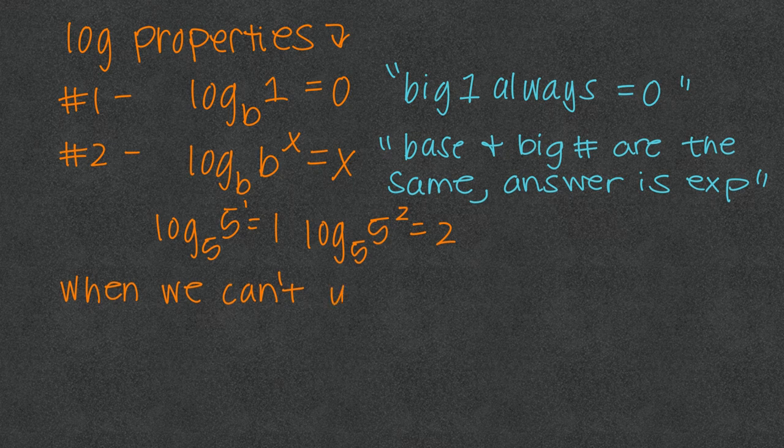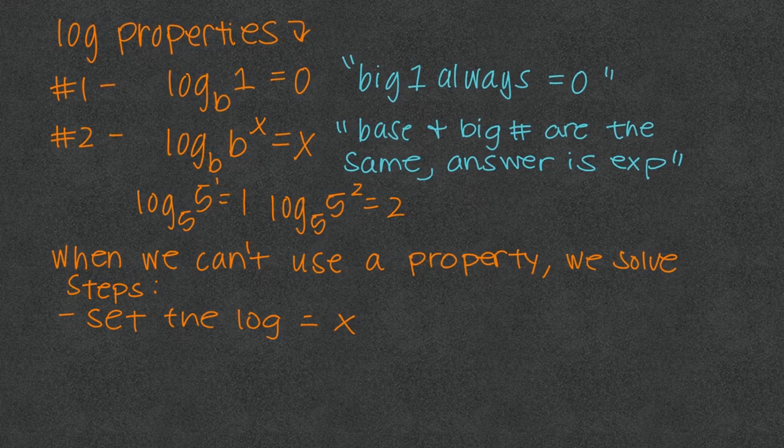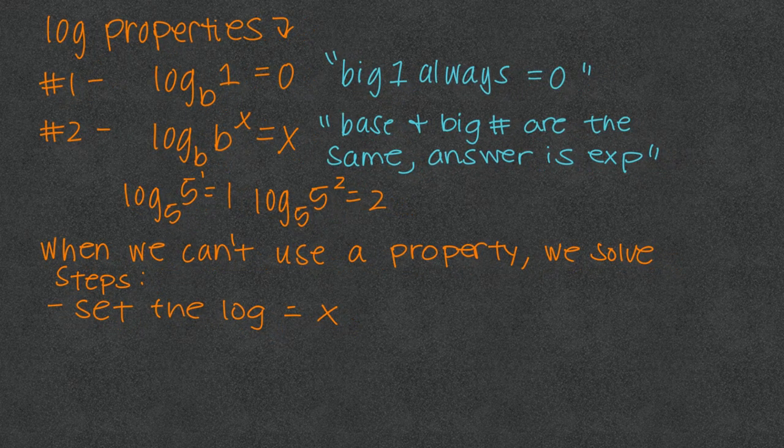When we can't use a property, we solve. And there are steps for solving. Step 1 is to set the log equal to x. Then we rewrite in exponential form.